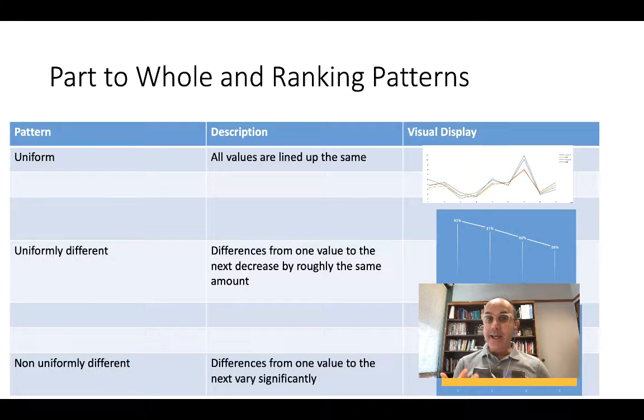Again, based on the textbook, we also can see different types of visualization that capture that, ranking patterns in the data based on parts to the whole. And again, uniform is all the values lined up in comparison to other types of visualization that do not show that.